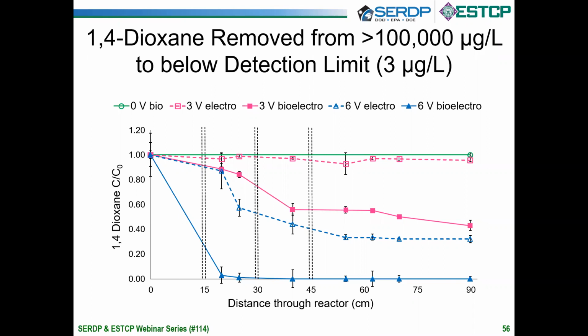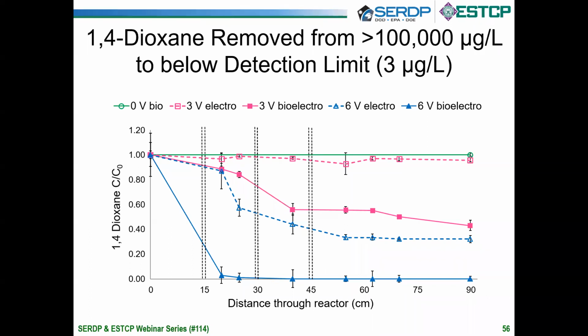So what you see here in this plot then is the normalized 1,4-dioxane concentration for several test cases as a function of distance through the reactor. Again, our electrodes are indicated here as vertical dashed lines. And at 0 volts, in the absence of an applied power and in suboxic environments, there was no degradation of 1,4-dioxane by CV1190.